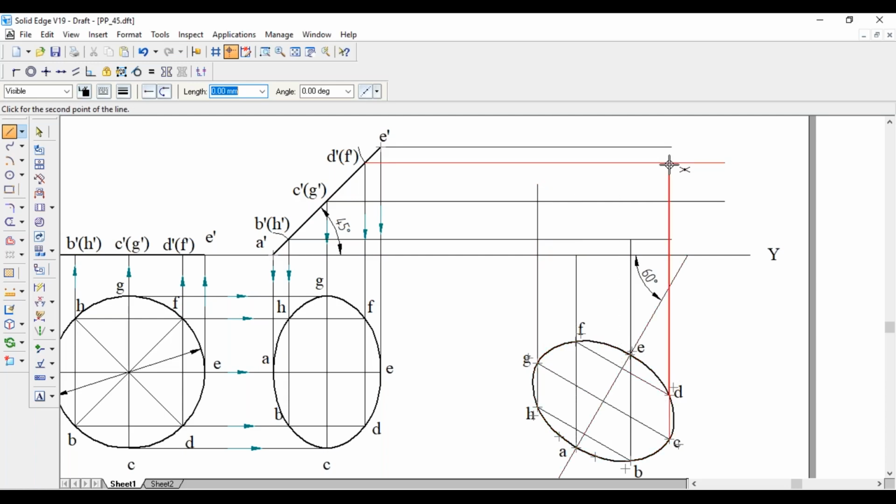D to this line. F to this line. Whereas A and E are on this line, till that line.